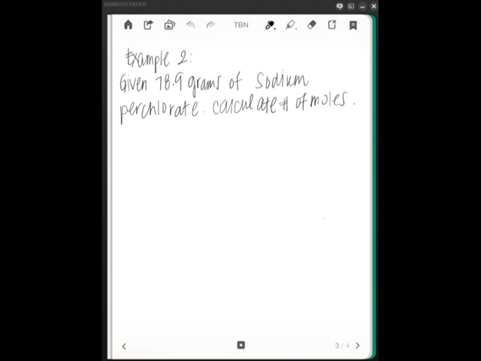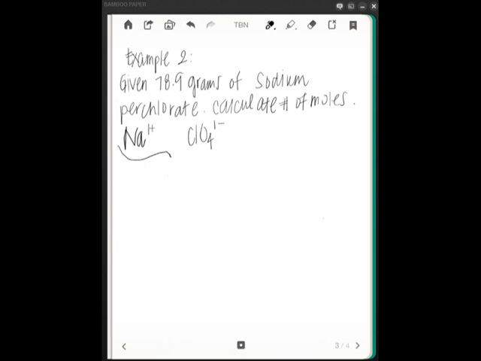So, the way to do this is to definitely know what sodium perchlorate is. So I'll break that down. Sodium is written as Na with a 1 plus charge, and perchlorate is ClO4 with a 1 minus charge.